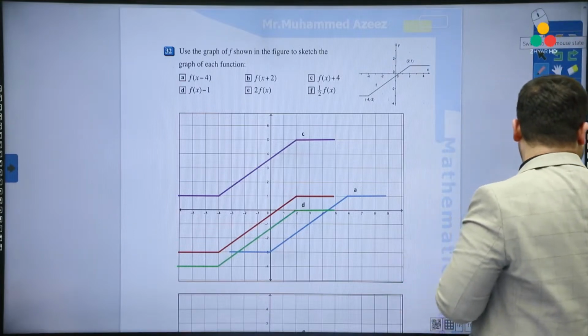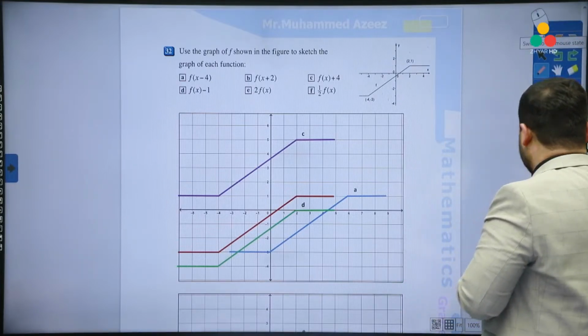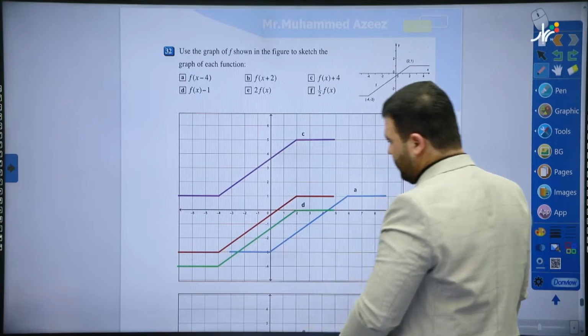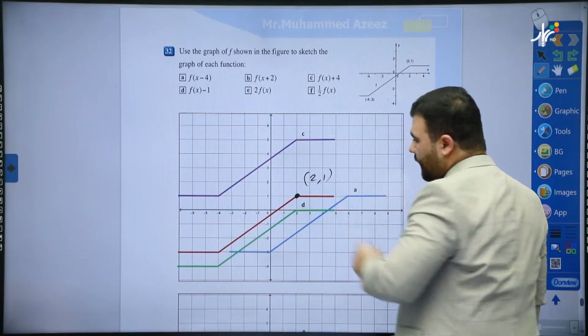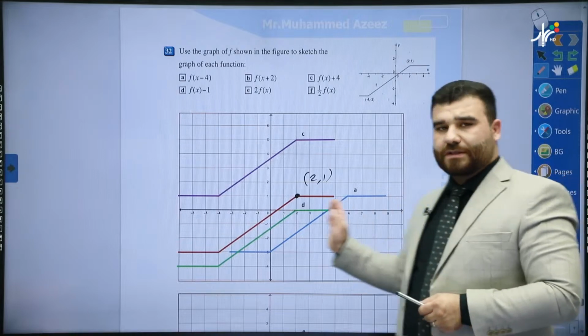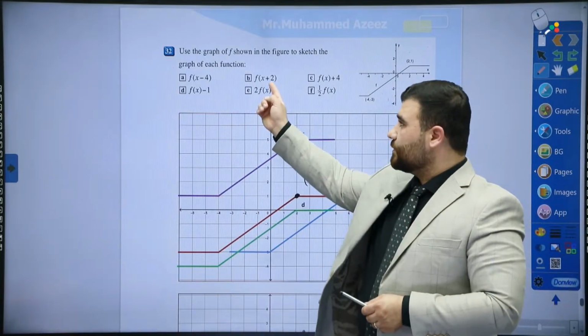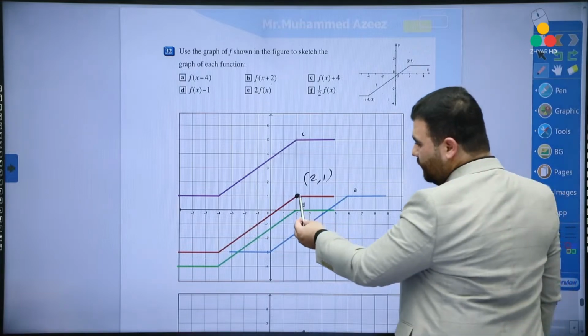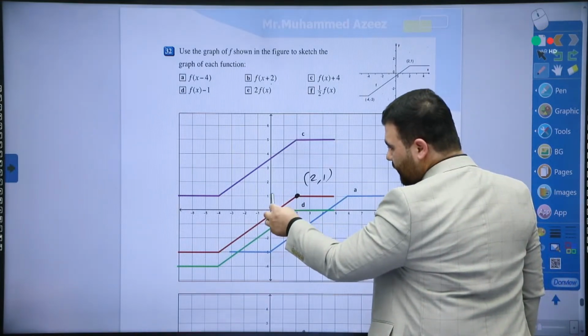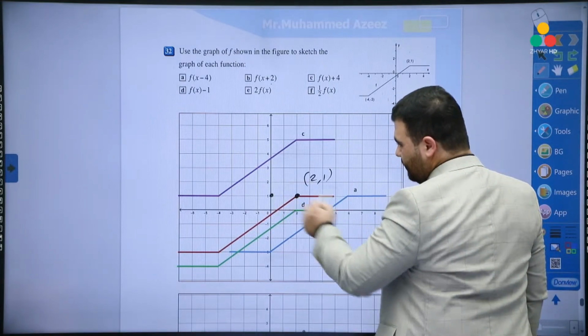Part B, let's use a black pen to make the colors different. This point is (2, 1). If I want to move this graph 2 units to the left, because of this plus 2, I know it goes 2 units to the left. Then this point, if I move it 2 units to the left, is (0, 1). This point will be this one.